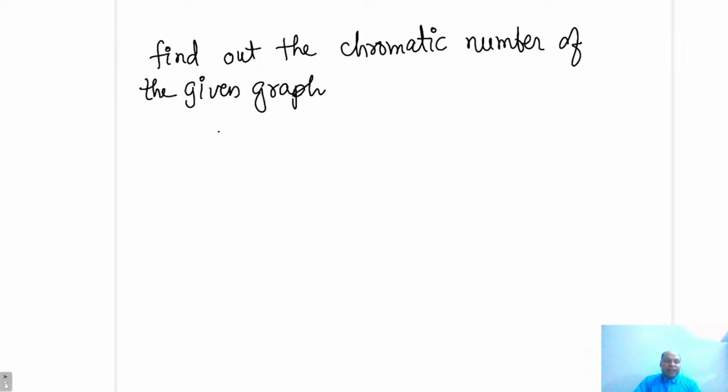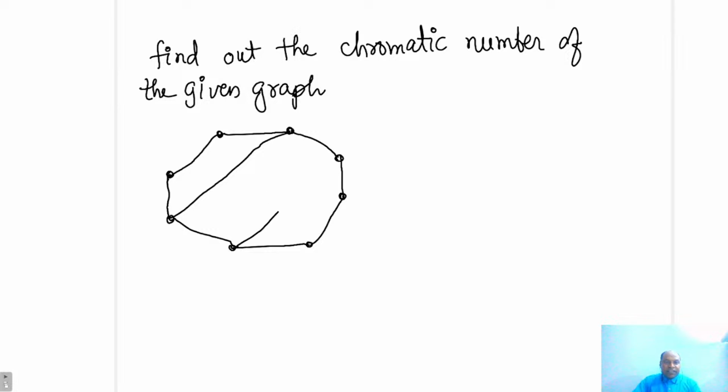Again a graph is given to you. That particular graph has an octagon of 8 vertices. So just connect with this. Vertex numbers are not important here. Just connect like this.